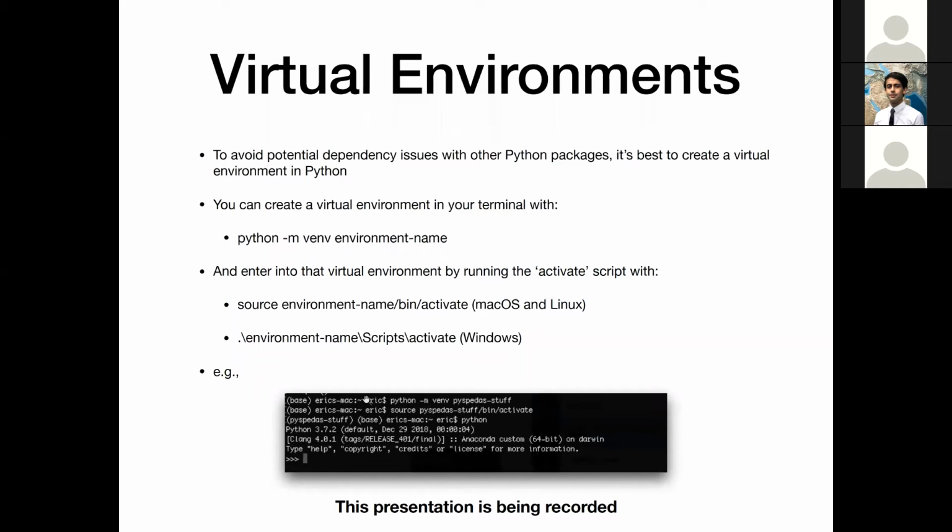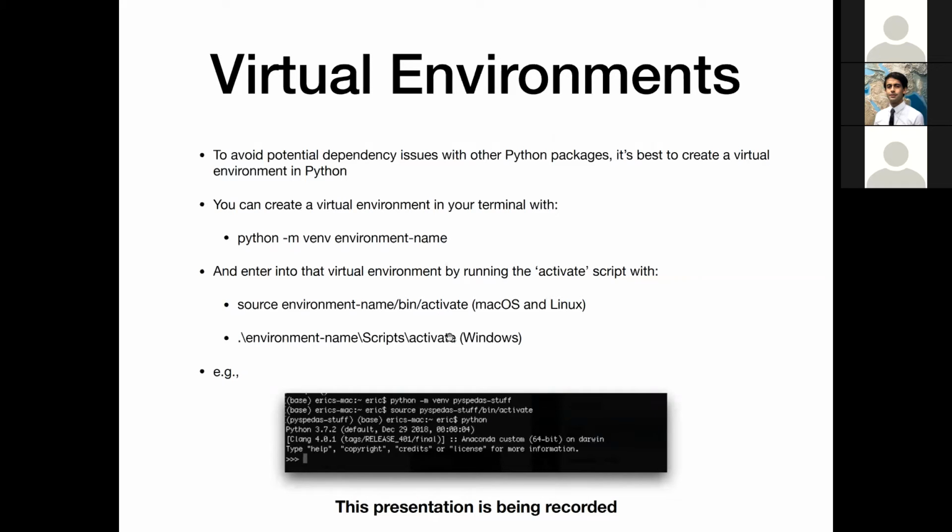And then since I was running on Mac, I typed source pySPEDAS-stuff/bin/activate. And you can see over here on the left of the terminal, it included in parentheses pySPEDAS-stuff. And so when you run python, after running the source command, it should open Python in this virtual environment.